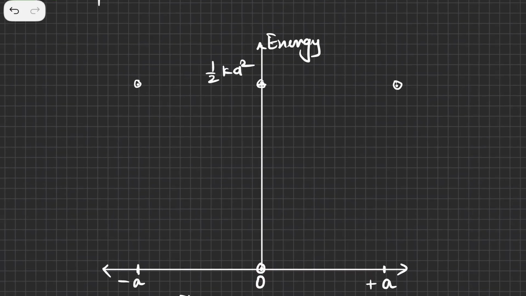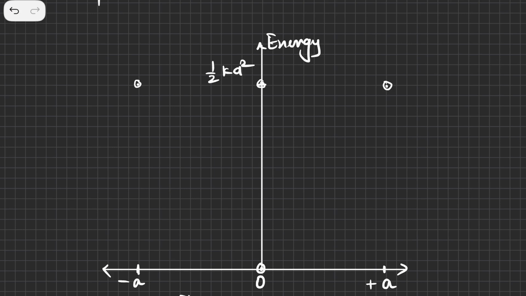However, if you see the extreme position ka kinetic energy, that comes out to be half k a square. So this is that point.